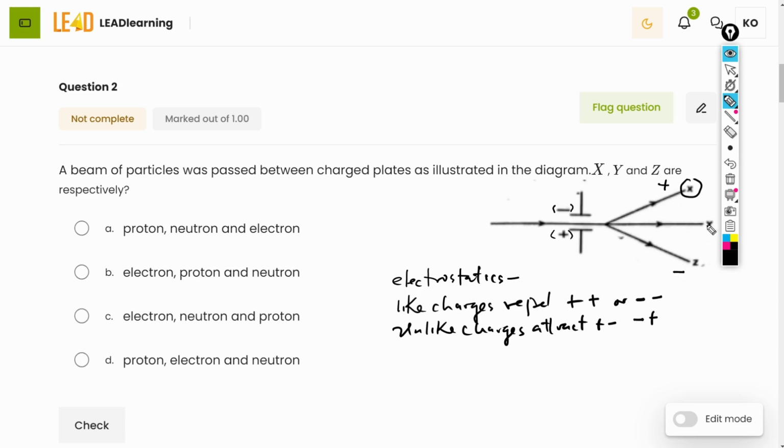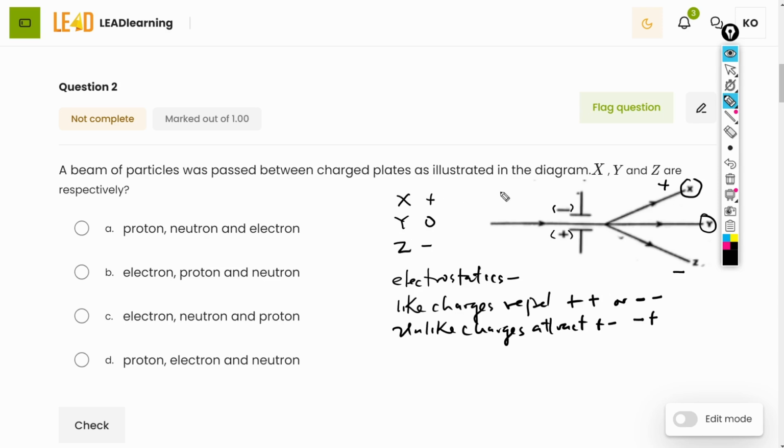And then for Y not to be deflected by either the negative terminal or the positive terminal, it means that Y has no charge. Y is neutral. So that means X is positive, Y is neutral, and Z is negative.